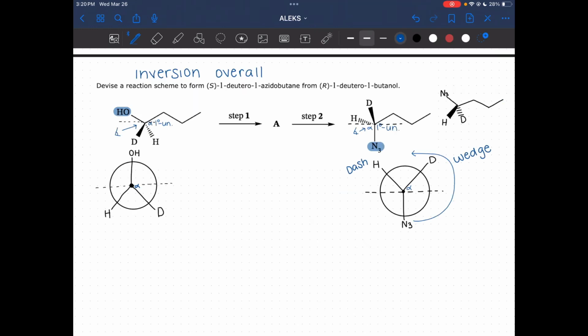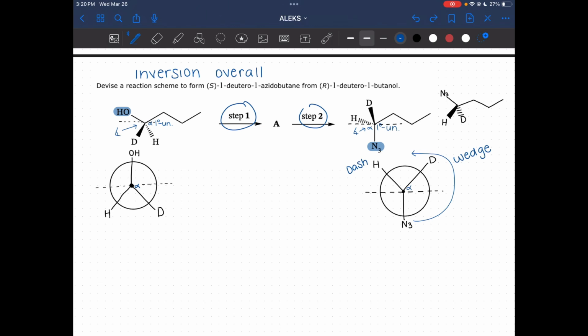The fact that we have inversion overall is hinting to me that one of these steps must have been inversion to do that inversion. But then for the other one, if I invert something and I want to keep this overall inversion, should I invert it again? Or should I retain my stereocenter and not touch the inversion I just completed?